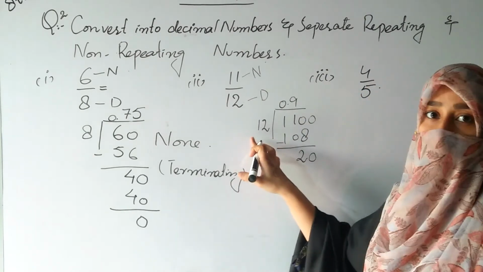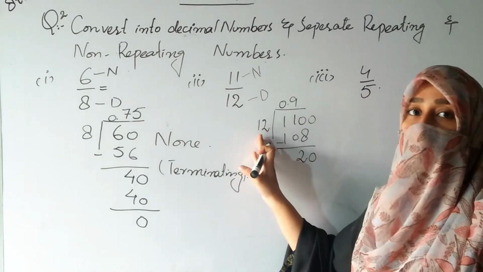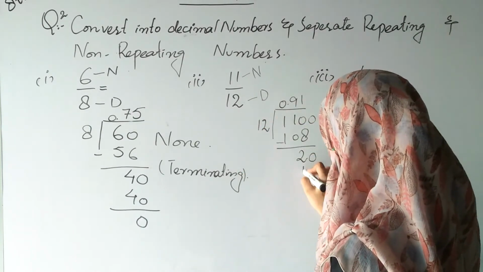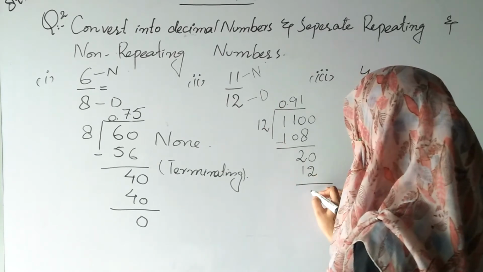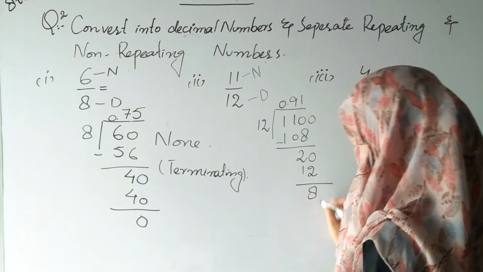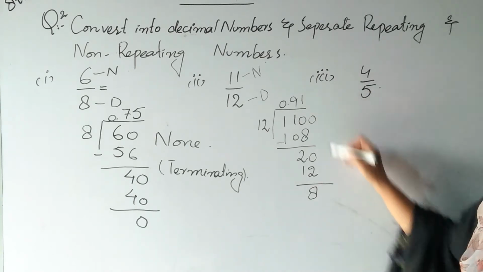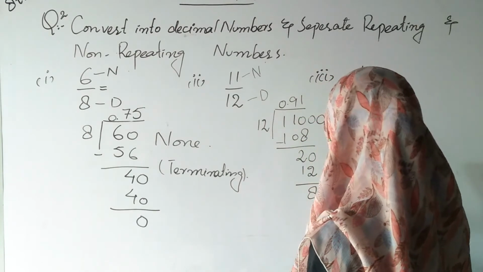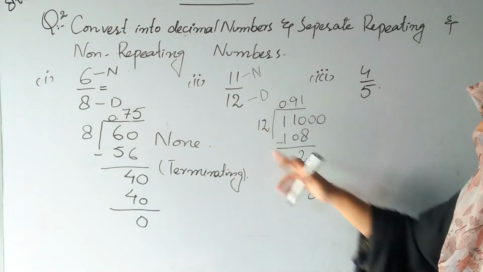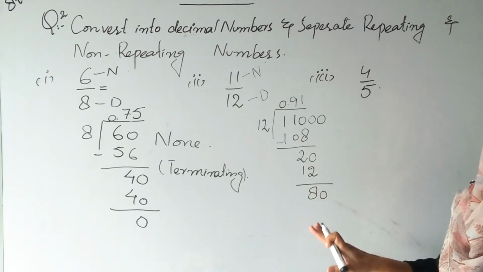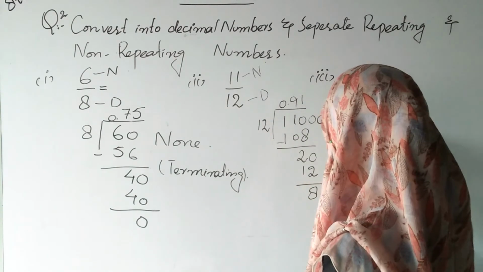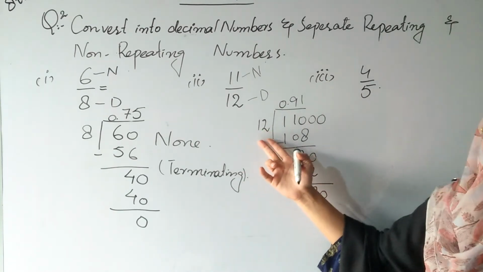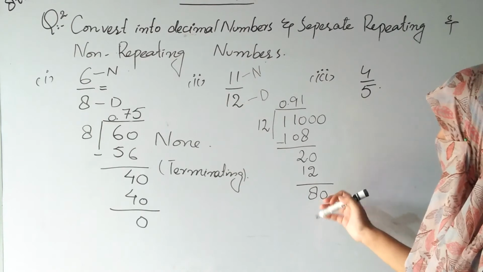So 20 and 12 is here. 20 is greater than 12, so 12 one time 12. So the remainder is 8. Now add 0, divided by 80. Now we have to know how many times 12 goes into 80.